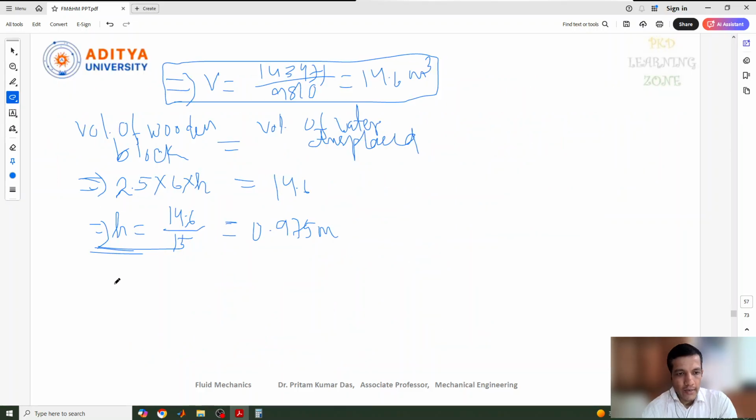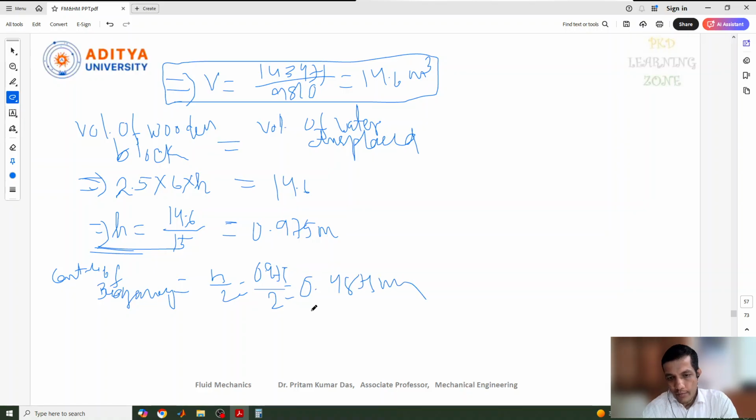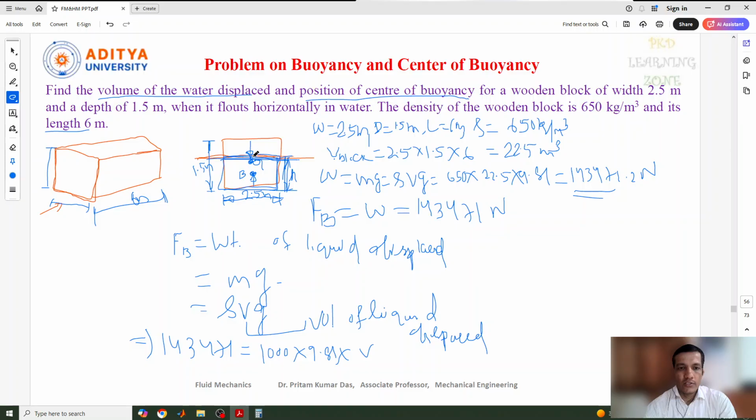So the center of buoyancy equals h divided by 2, that is nothing but 0.975 divided by 2. So we'll get 0.44875 meter. Okay, so this is the center of buoyancy point for this object which is inside the water level.